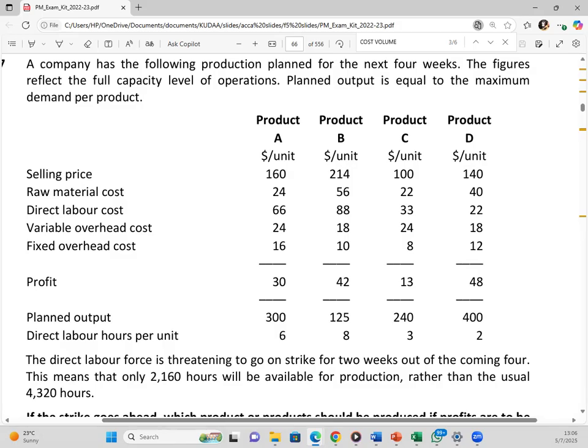Then we have 13 plus 8, that's 21. Then we have that's 60. So we have 21 and we have 60.